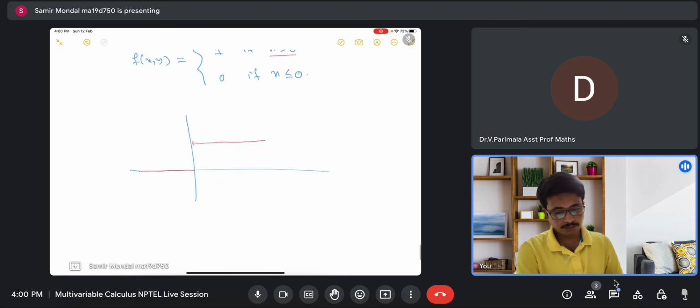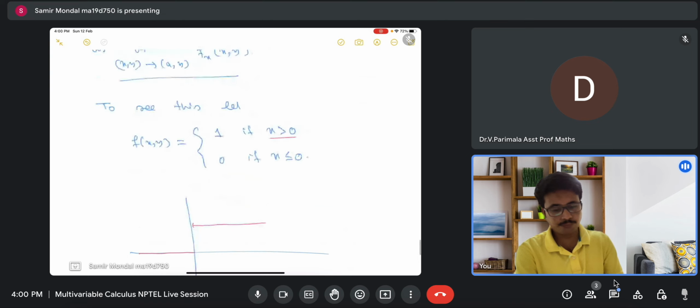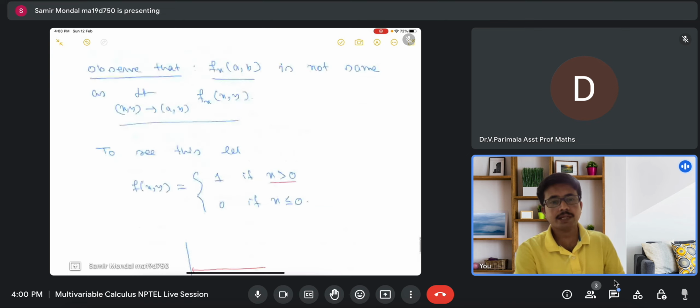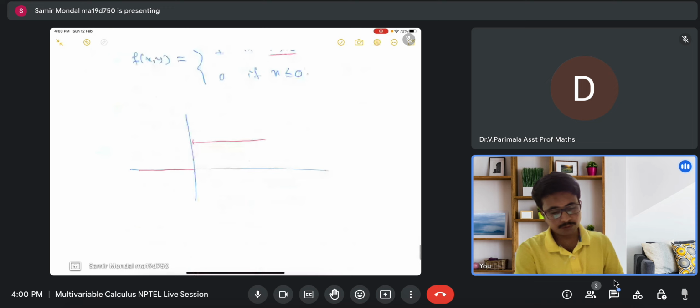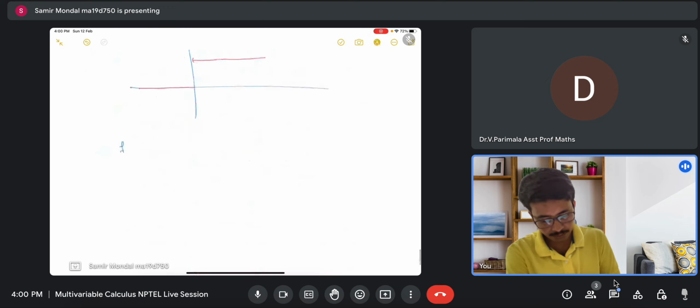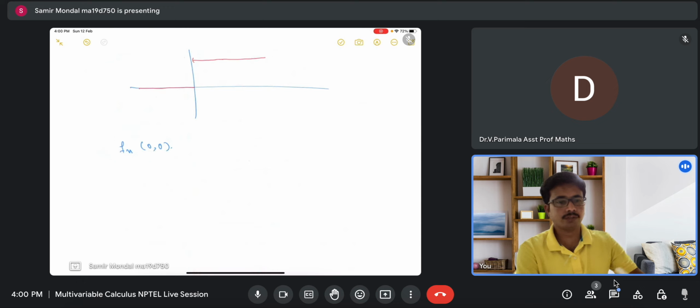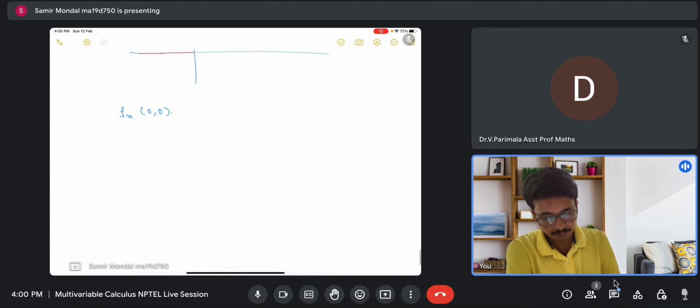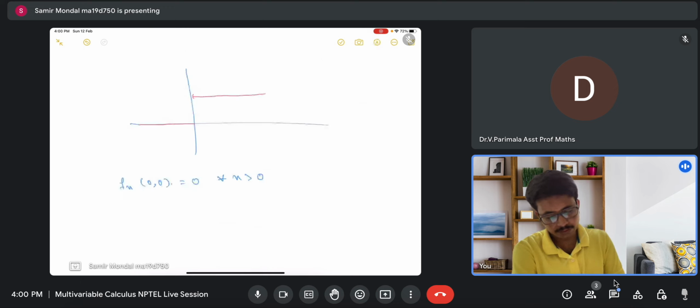So you have to find this quantity f of x at the point (a, b). Here we will look at f of x at the point (0, 0). What will we get? One can observe that this is 0 for all x greater than 0, so the partial derivative with respect to x at the point (0, 0) is equal to 0.